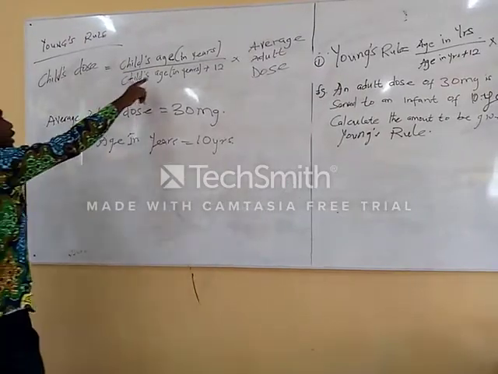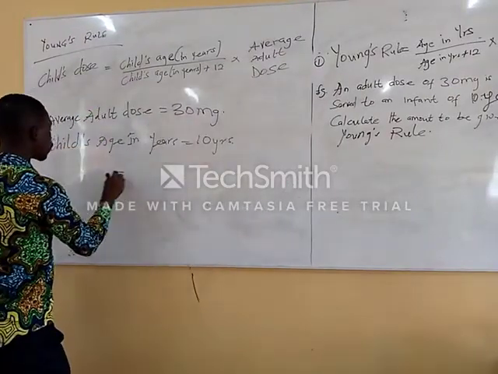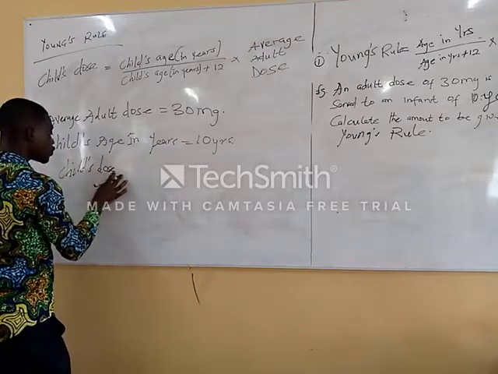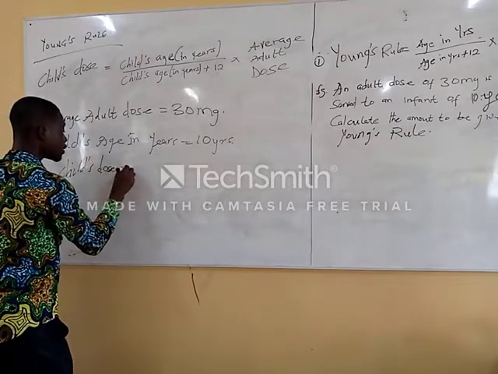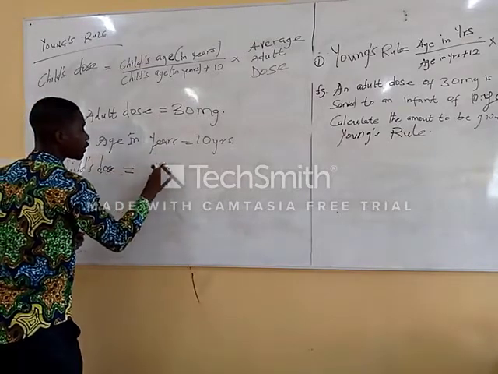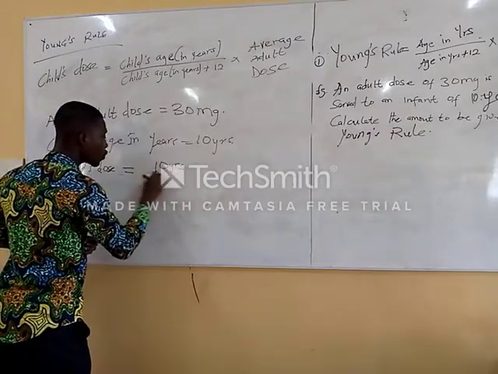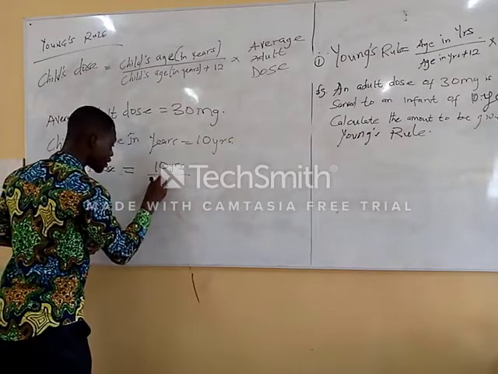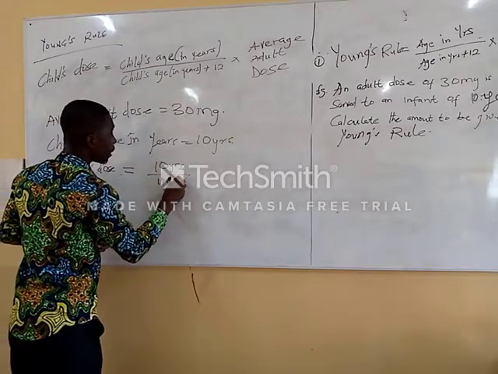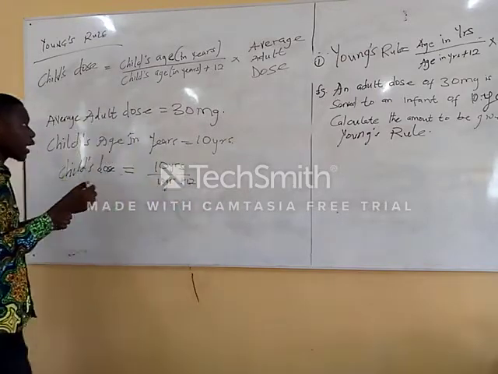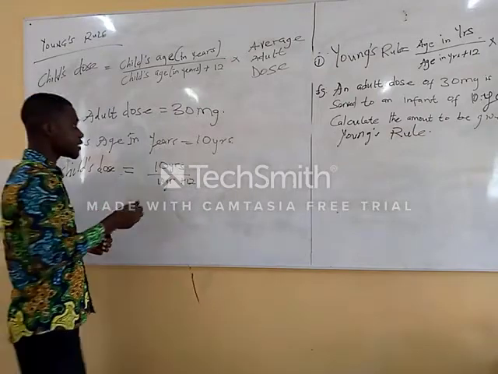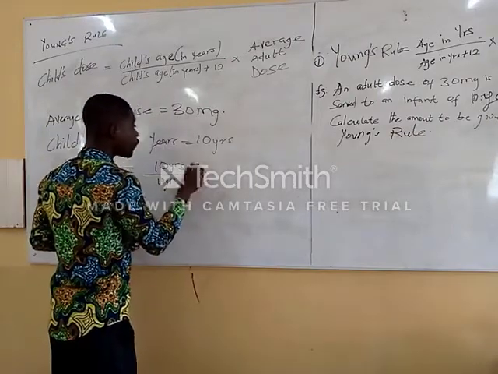So the child's age in years is equal to 10. Child's dose is equal to age in years, which is 10 years, over age in years, which is 10 years, plus 12 as the rule says, times average adult dose.